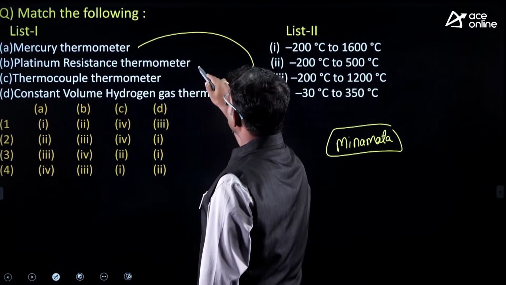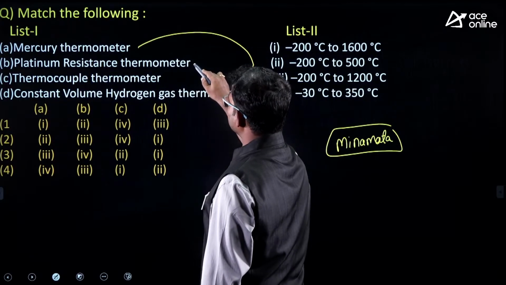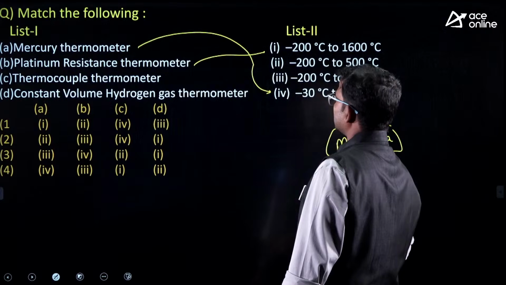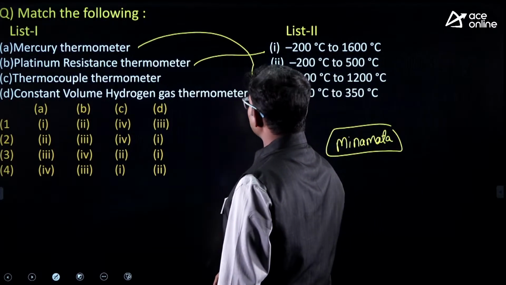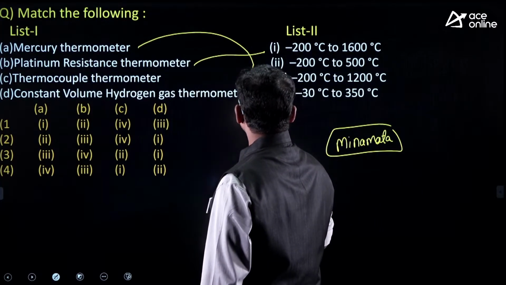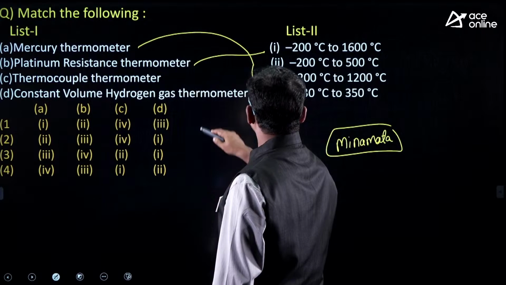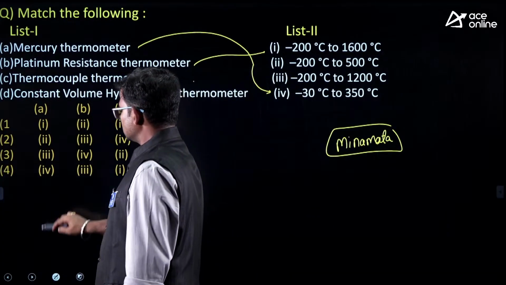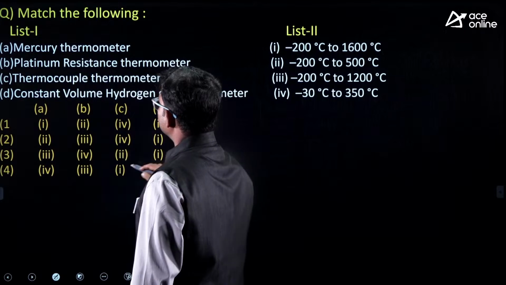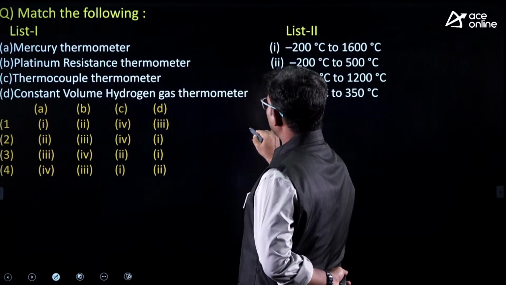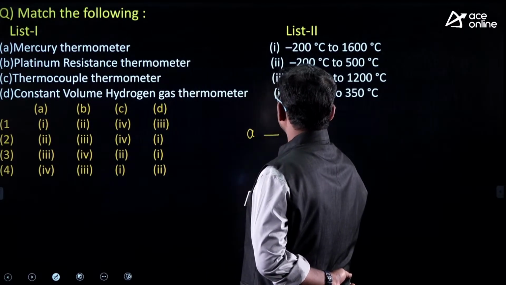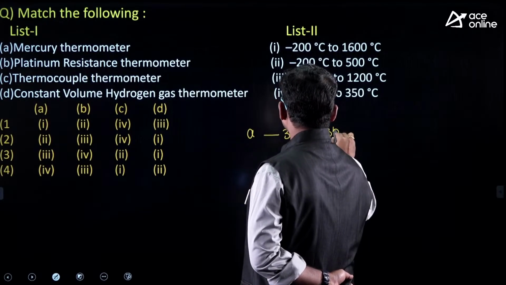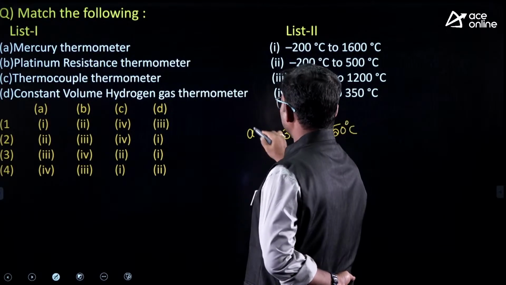The platinum resistance thermometer can measure high temperature, minus 200 degrees centigrade to 1600 degrees centigrade. Next, thermocouple thermometer.